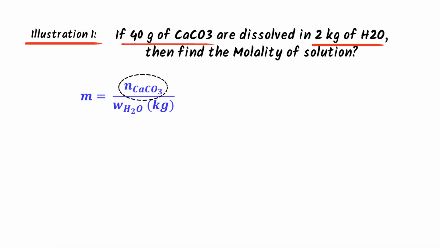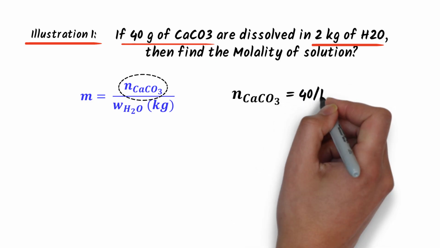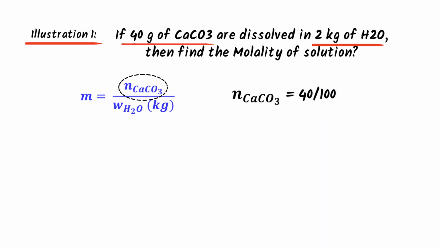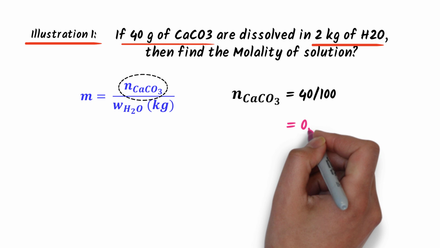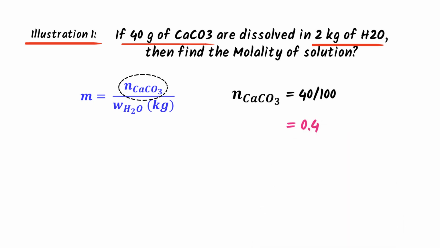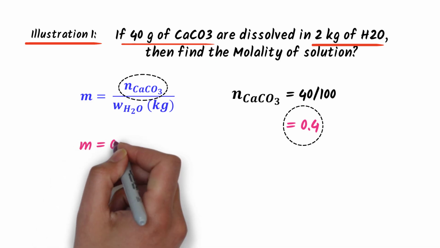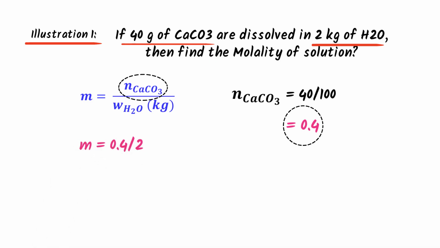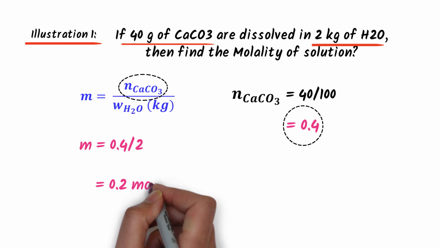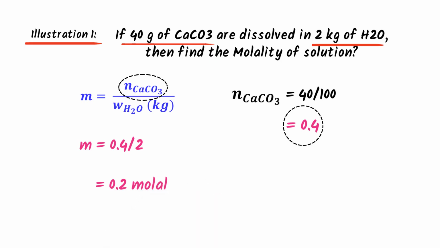Therefore, moles of calcium carbonate will be equal to 40 by 100 because 100 is the molecular mass of calcium carbonate, and that boils down to 0.4. So the moles of calcium carbonate is equal to 0.4. While putting the value in the expression, we can get molality equal to 0.4 by 2. That gives us the molality of solution equal to 0.2.